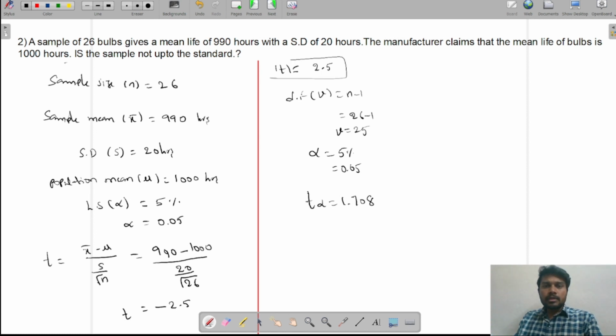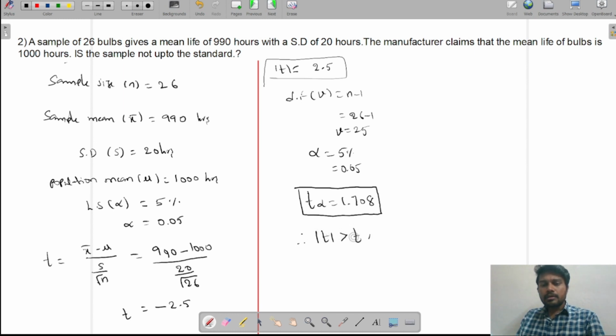Modulus of t value is 2.5 and the t alpha value is 1.708. So can I say again that modulus of t is bigger than t alpha? Yes, modulus of t is bigger. So the hypothesis is rejected. Hypothesis rejected means, as per the question, the manufacturer claims that the mean life of bulbs is 1000 hours.